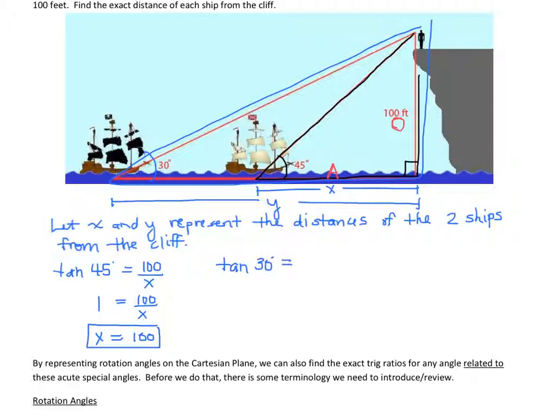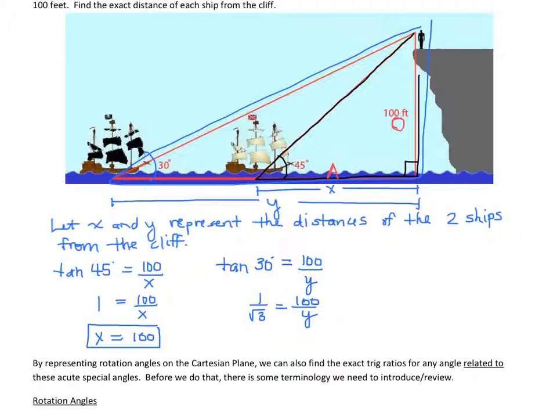So tan 30 is equal to 100 over y. Now tan 30 has an exact value of 1 over root 3. So 1 over root 3 is equal to 100 over y.